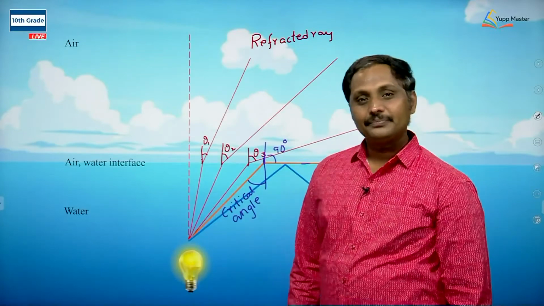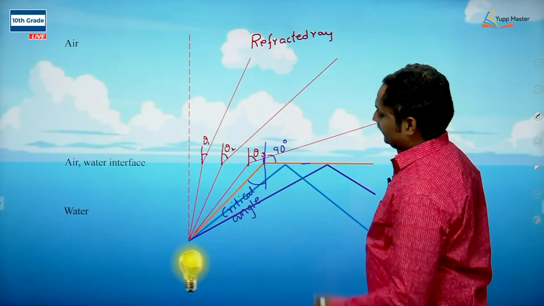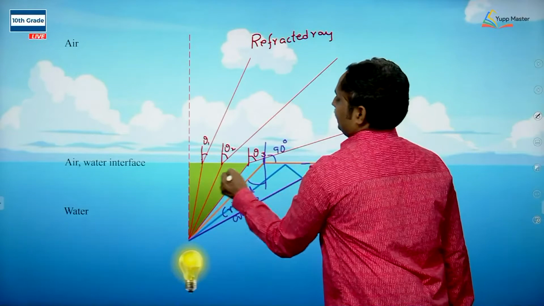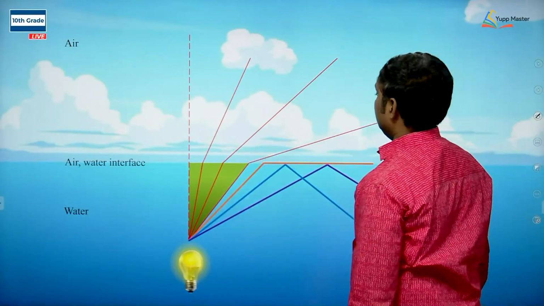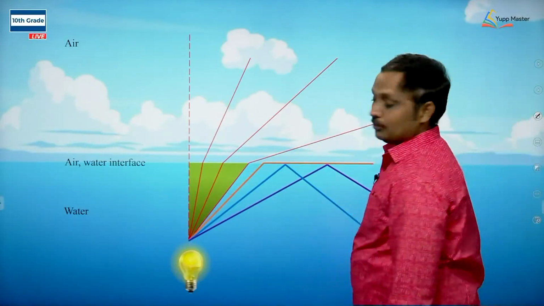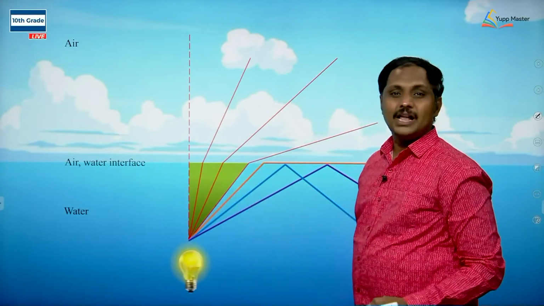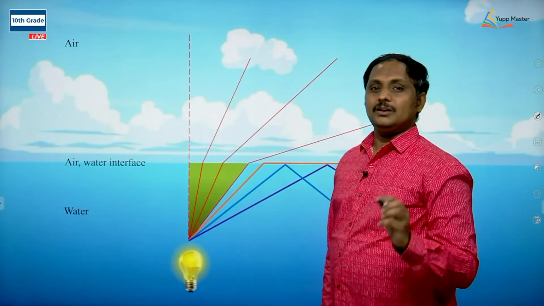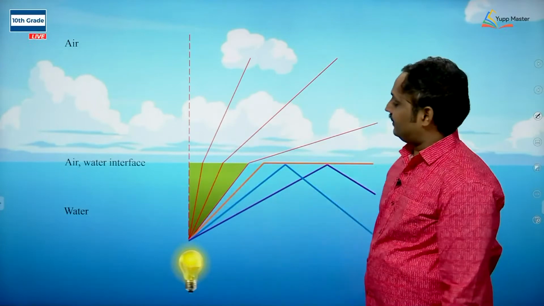This is limited to the denser medium. Please take this portion, you can confirm. If you look at this shaded area, the shaded area indicates the light rays are refracted, it is very clear.